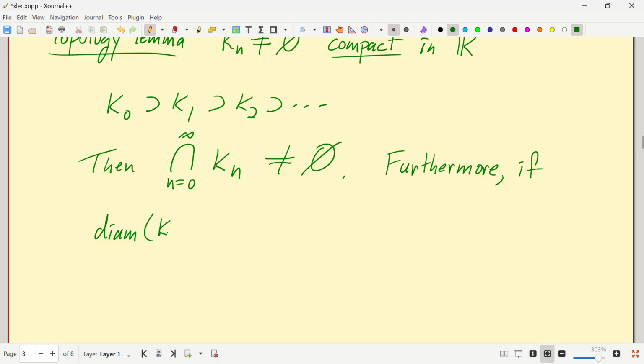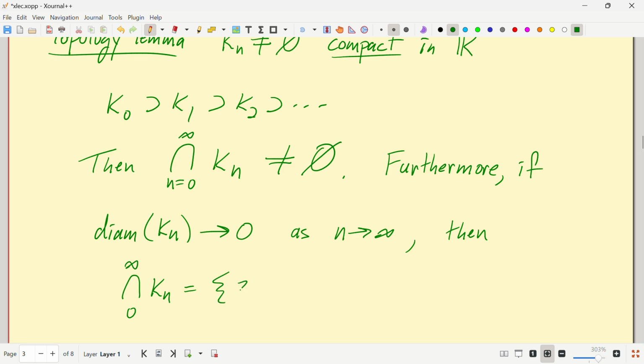The diameters of the K_n tend to 0 as n goes to infinity. Then the intersection is a single point, a single point in my original K0.